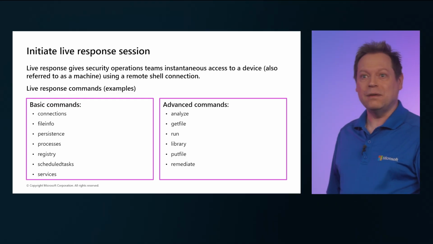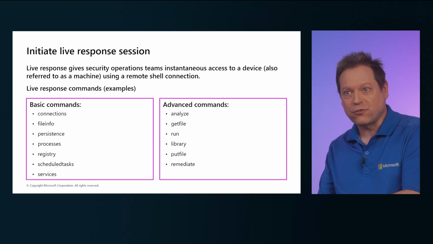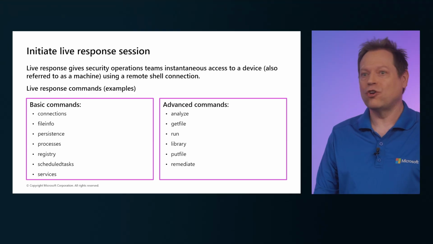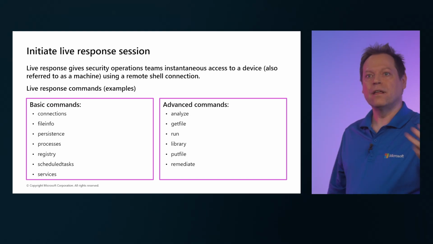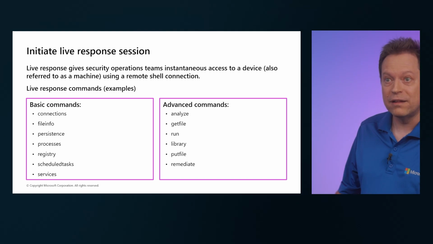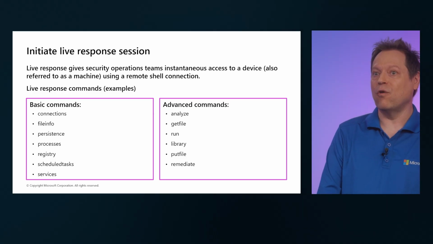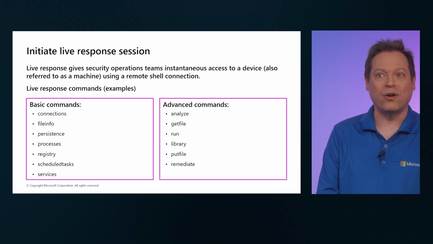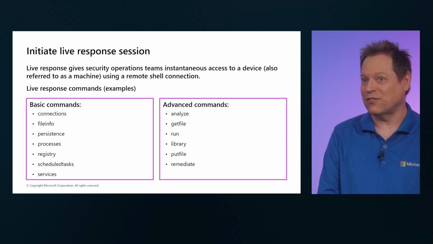When you need deeper capabilities, advanced commands help you move from observation to action. Commands such as analyze, getfile, run, library, putfile, and remediate. There's also a supporting video on Microsoft Defender for Endpoint Live Response, just over 4 minutes, that demonstrates the experience.